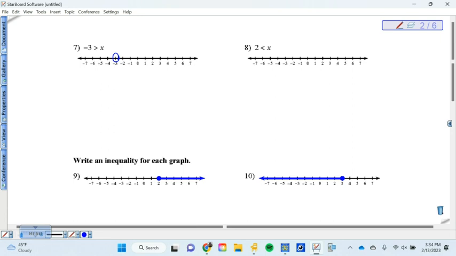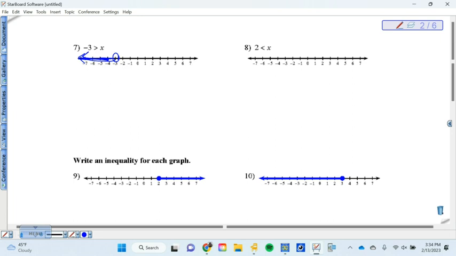So I have to go the opposite direction of the inequality. You can also think about it: negative 3 is greater than x. So all the points labeled on my little line have to be less than negative 3.